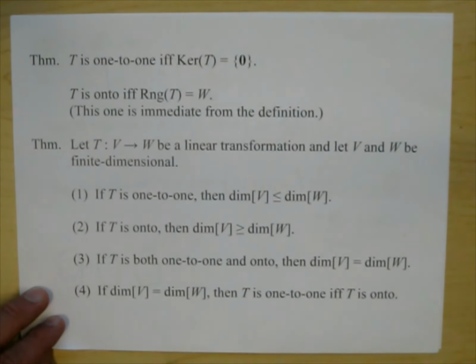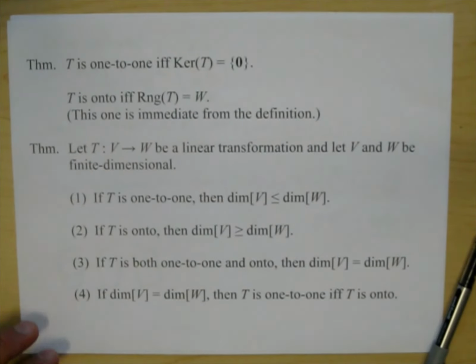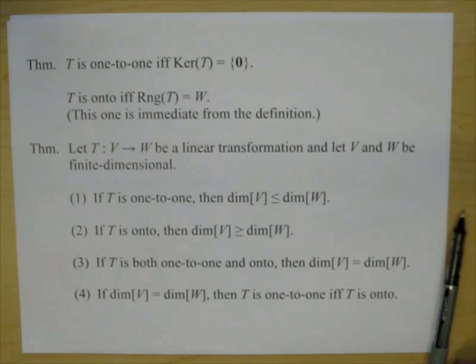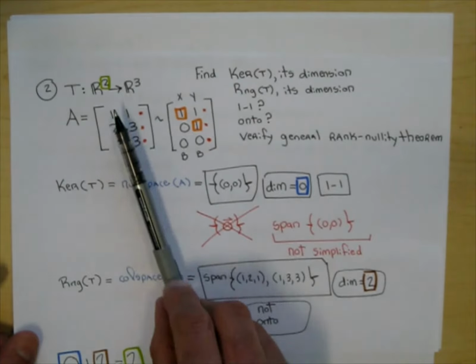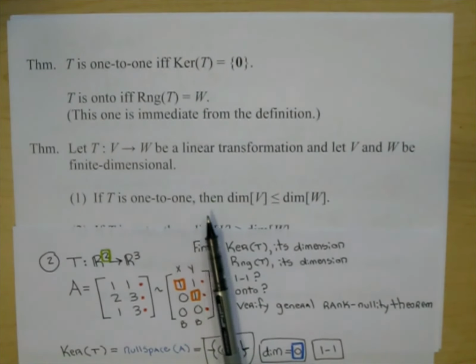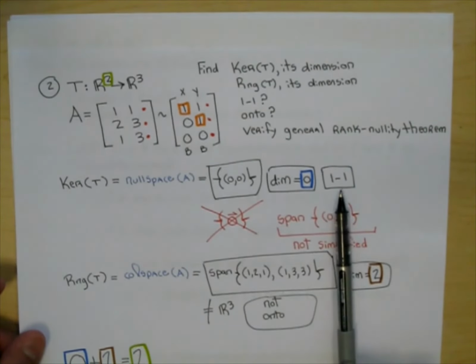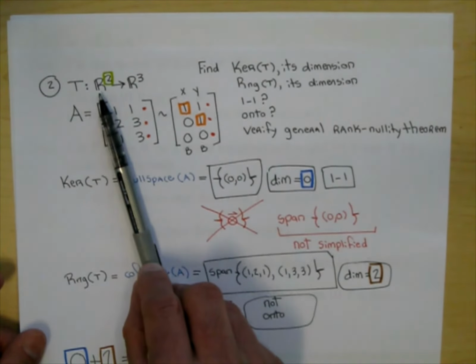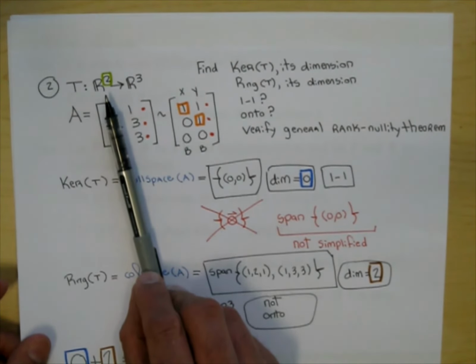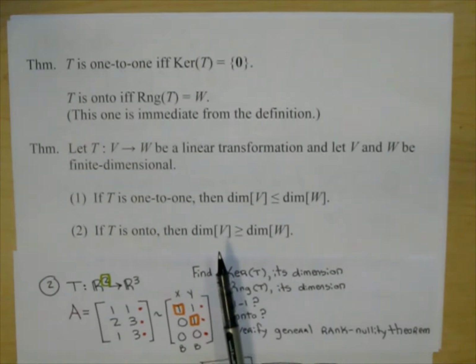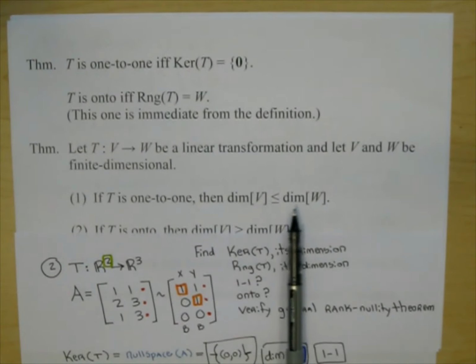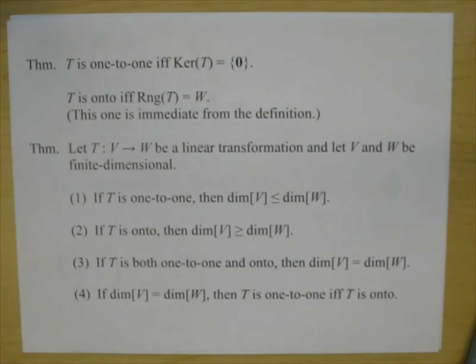Not necessarily. This is just some theory that we're throwing at you. So we've got some examples where the dimension of V is less than or equal to the dimension of W, and that's right here. So this was the case, and it says if T is 1-to-1, then that will happen. And we had T is 1-to-1, and it happened. Doesn't mean it's the other way around. The converse is not necessarily true. We can't say if this happens, then T is 1-to-1. So we got to be careful with our if-then statements.